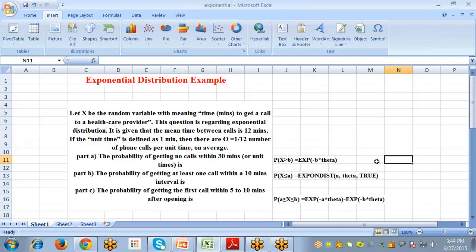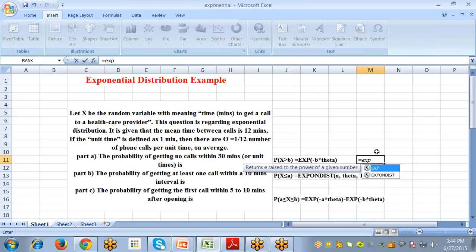So the probability of getting no calls means the value of x is greater than or equal to b, where b will be the value of 30 minutes. So we use this function to calculate the probability of getting no calls. Just select the cell, type an equal sign, select the function EXP, and then pass the argument minus b into lambda.